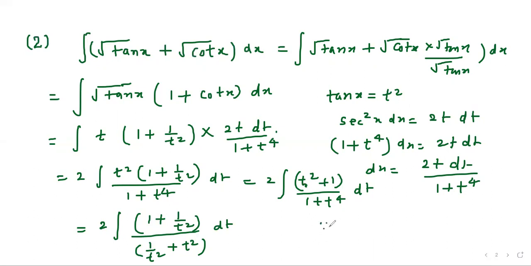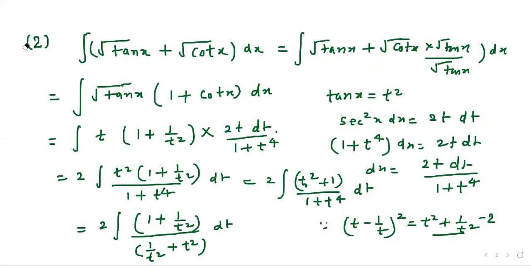Now we know that t minus 1 upon t whole square equals t square plus 1 upon t square minus twice of t into 1 upon t, that will be 2. So here we have 1 upon t square plus t square. So we can find the value of t square plus 1 upon t square as t minus 1 upon t whole square, and this 2 is taken to the left-hand side, so it will become plus 2.